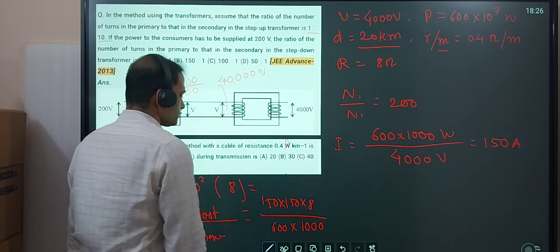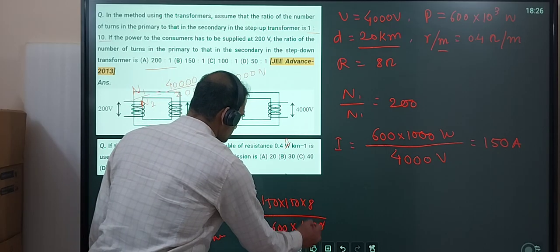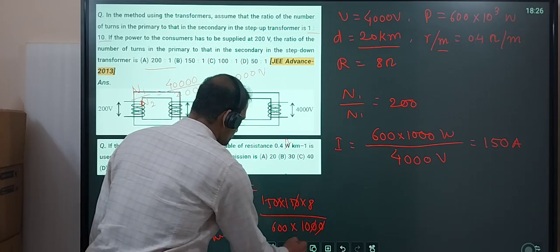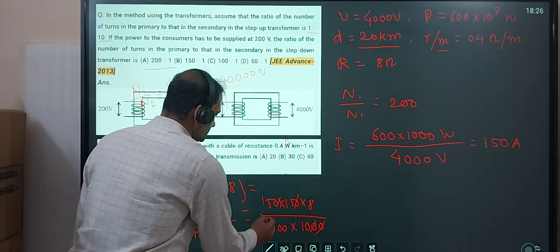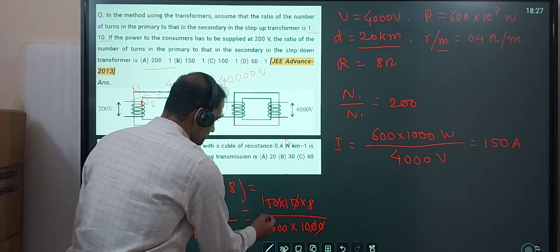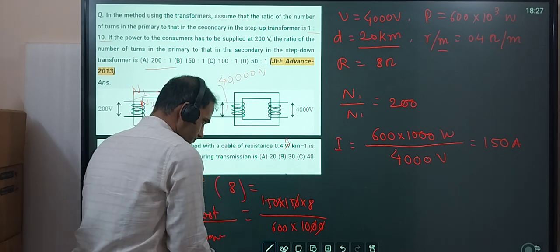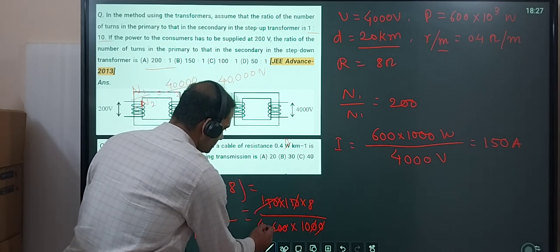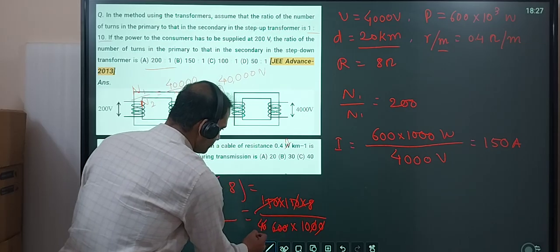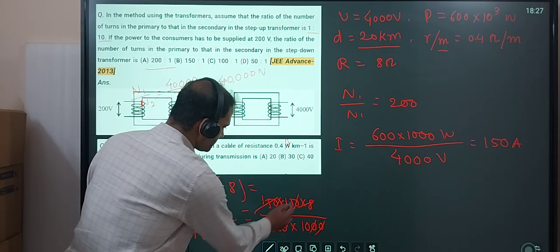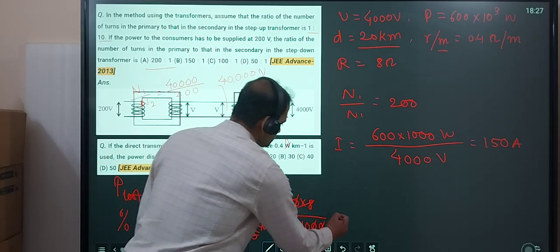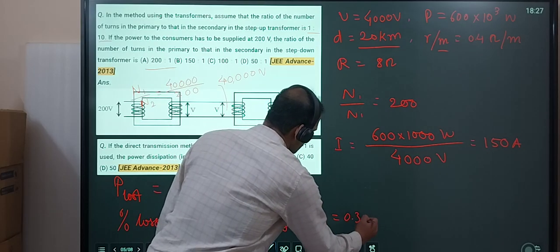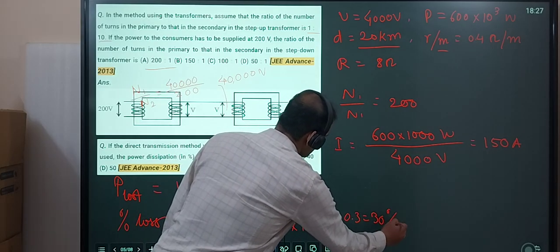So what we are getting is, this is gone, this is gone, this is gone, and of course this will be 40, this will be 5, and this will be 3. So basically 0.3 or 30%.